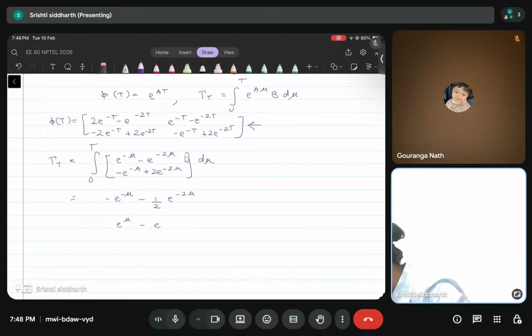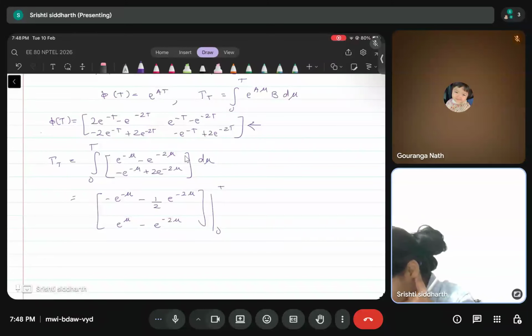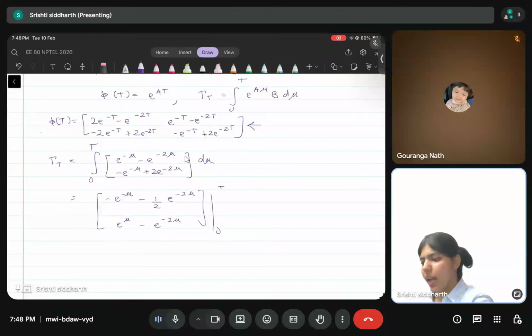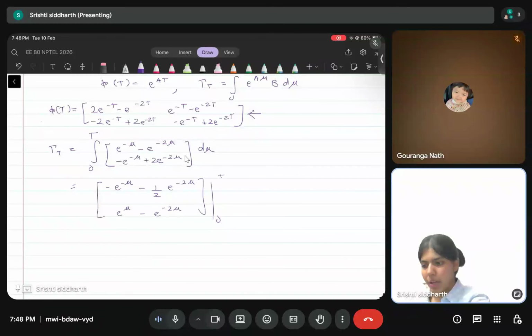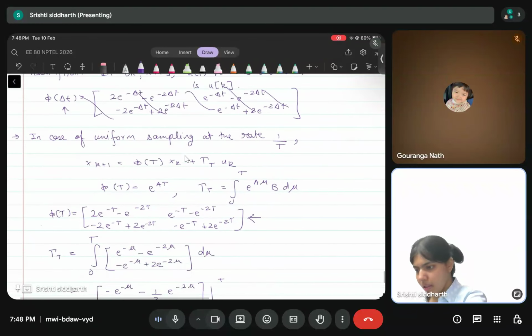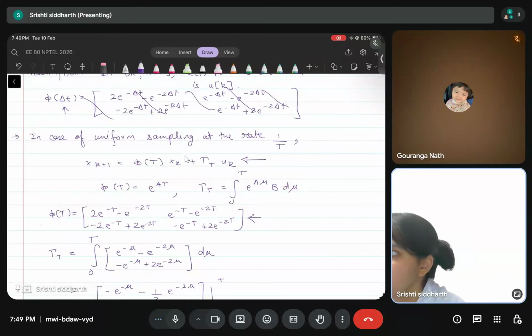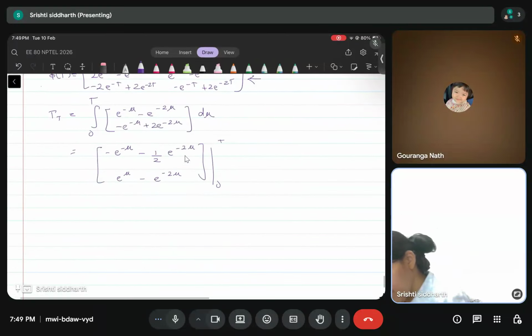We can calculate this at 0 and T and substitute the values to get gamma of T, and therefore get this discrete equation at k plus 1.